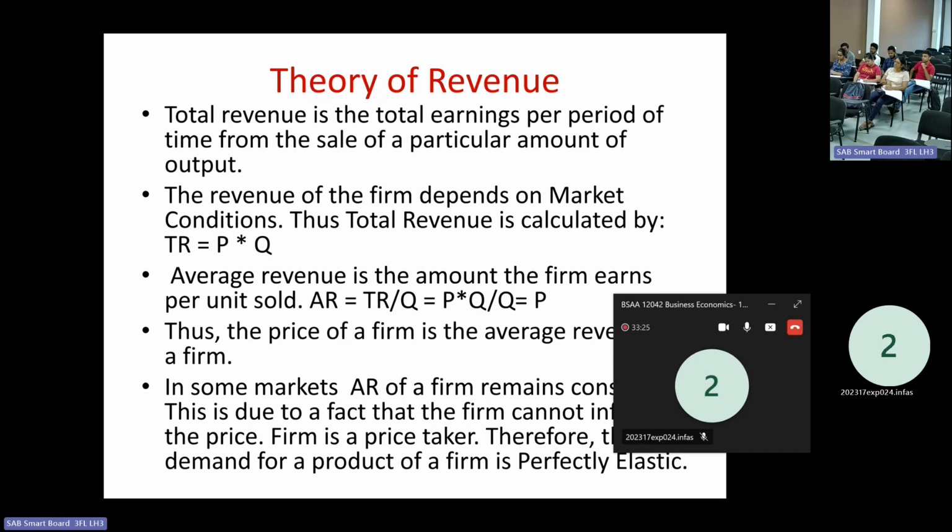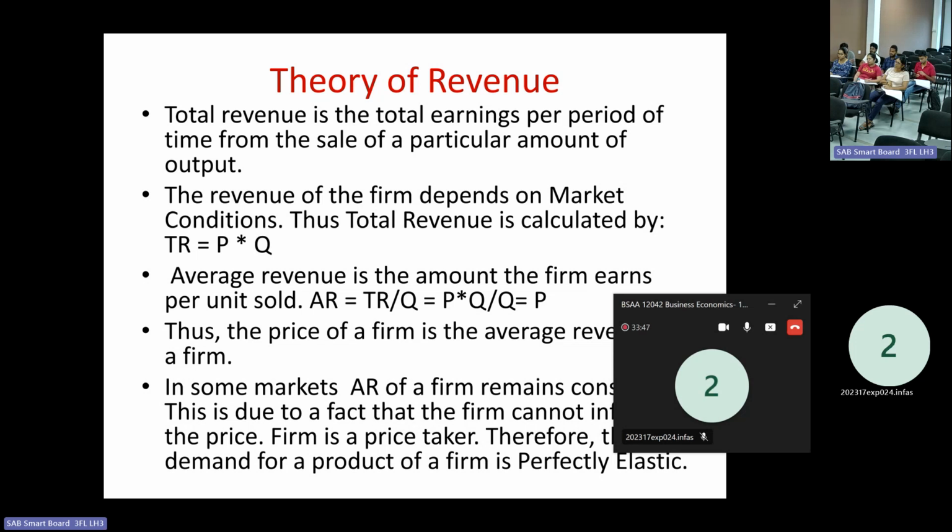There is a large number of firms operating, so a single firm cannot influence the price because it is too small and insignificant. They don't have any control over the price. That's why we say perfectly competitive market.